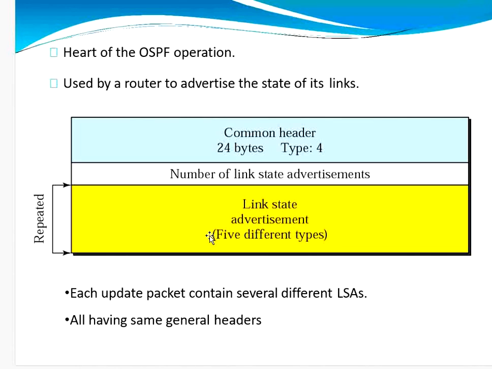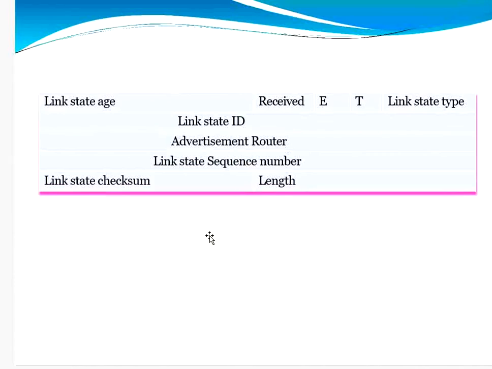Each packet contains several different LSAs, and all have the same general header, that is this one header, which includes the link state age.